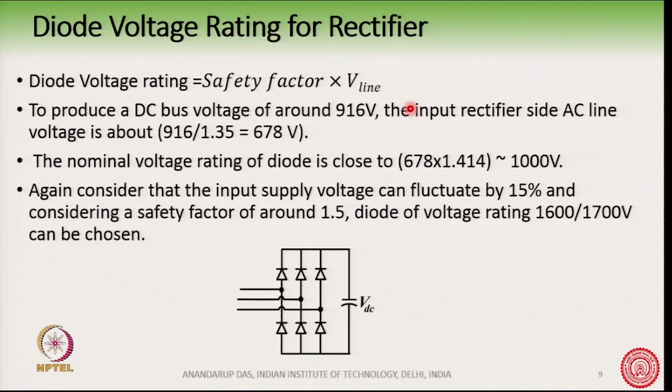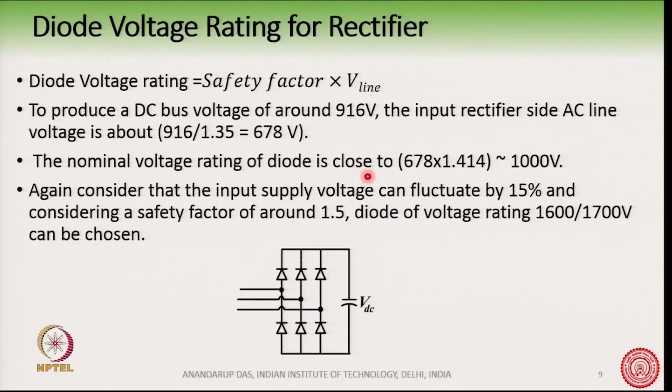Now, if you want to produce a DC bus of about 916 volt, the input rectifier side AC line voltage is about 678 volt RMS, because the DC bus voltage with such a rectifier is about 1.35 times the AC RMS line voltage. This information you can see in any power electronics textbook, in the rectifier section. So, we are not going into those details.